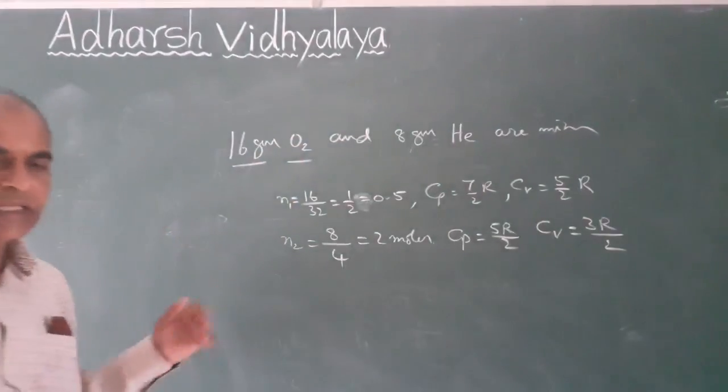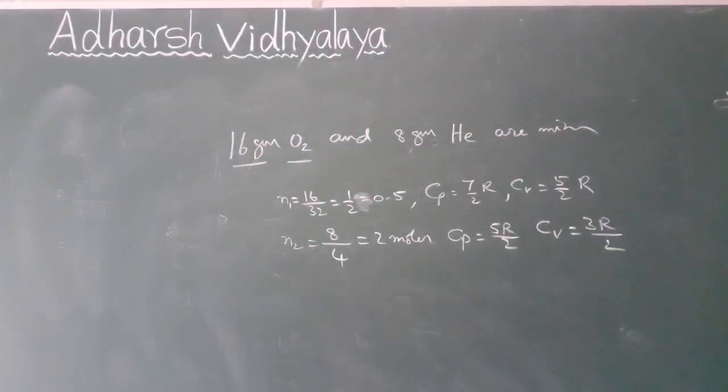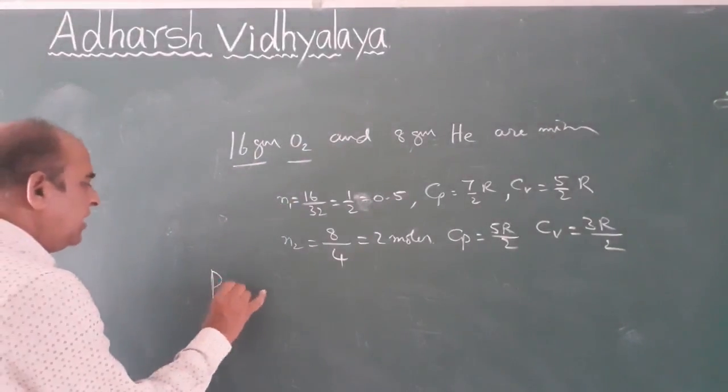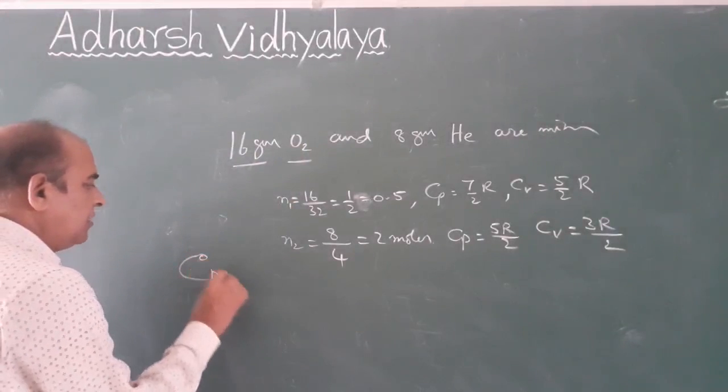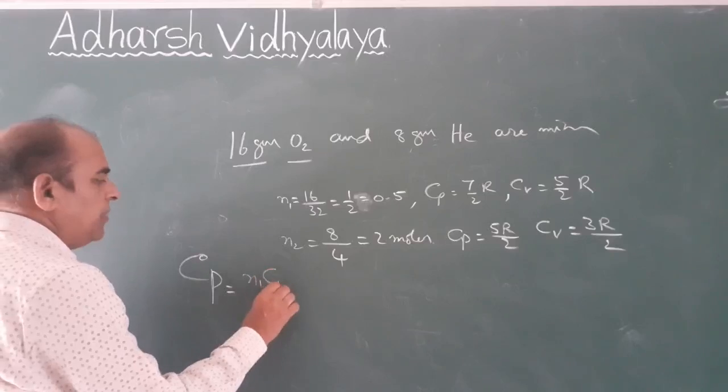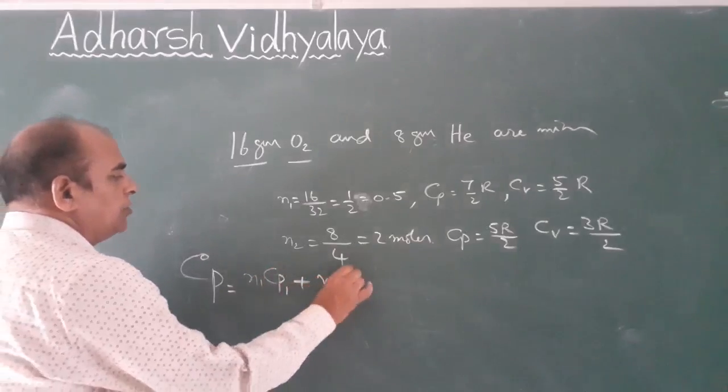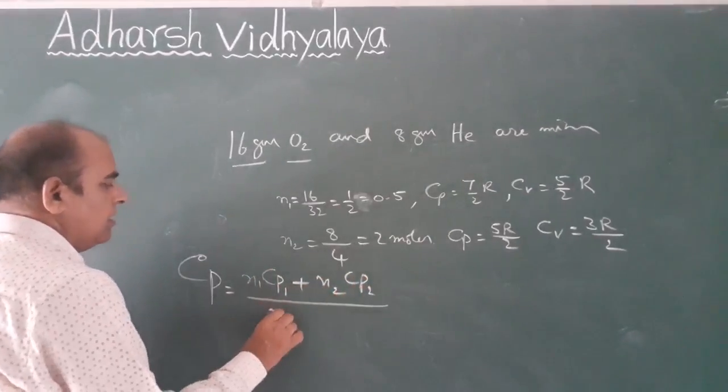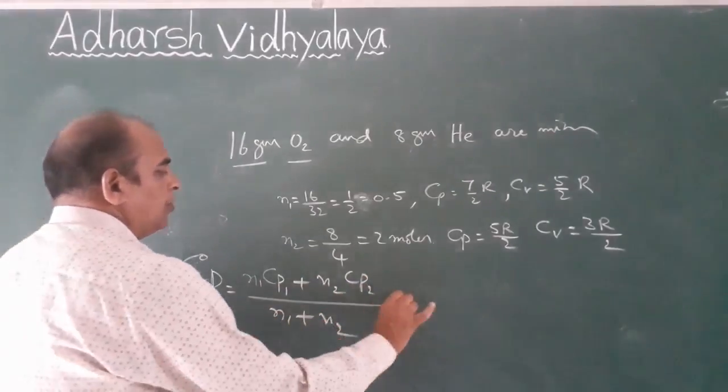Now these two gases are mixed. Then for the mixture, resultant Cp is equal to N1 Cp1 plus N2 Cp2 divided by N1 plus N2.